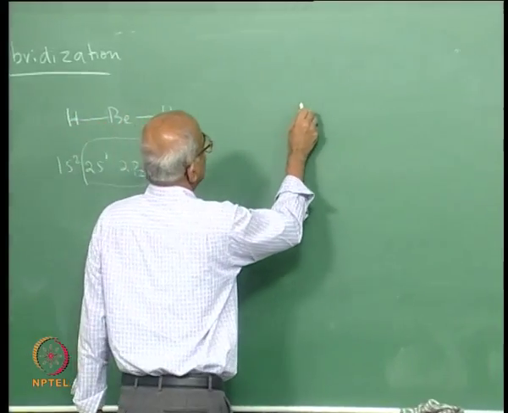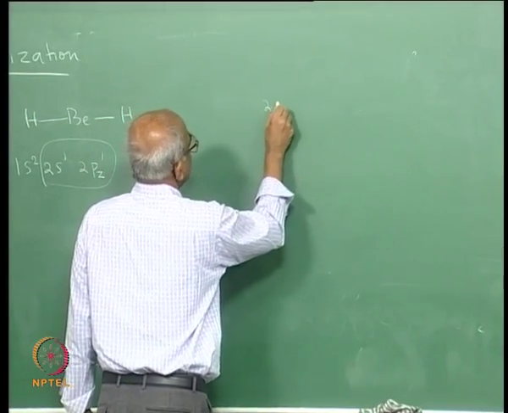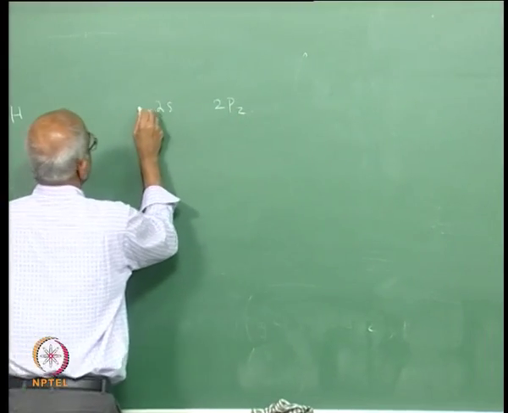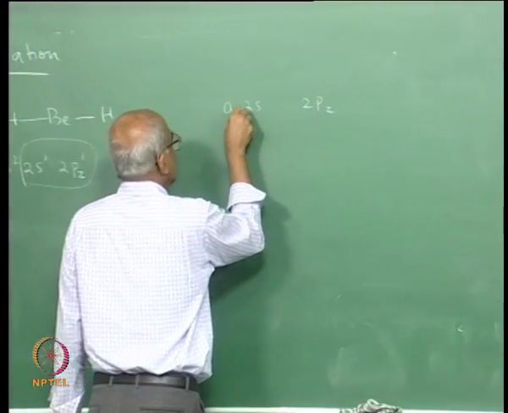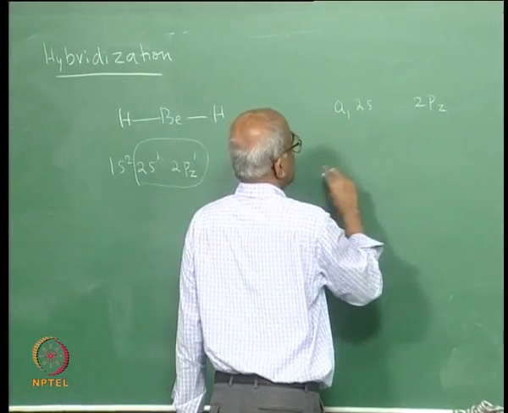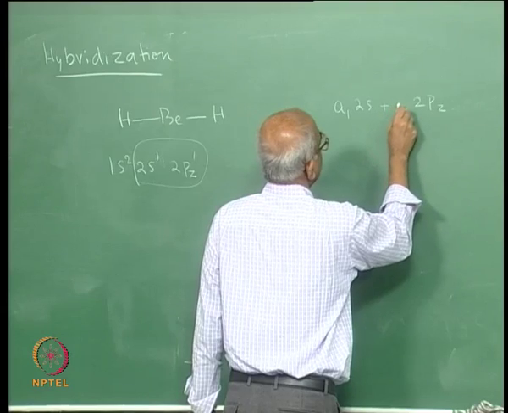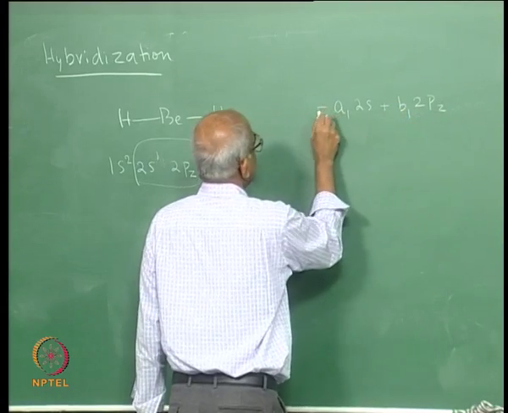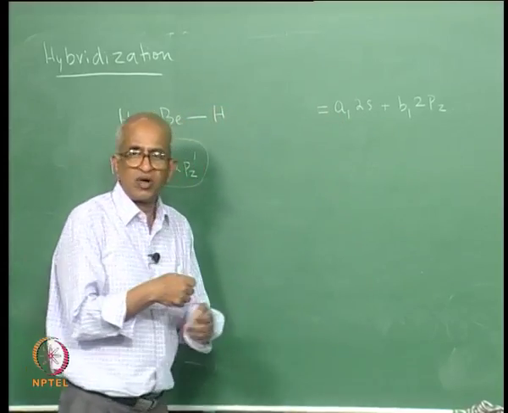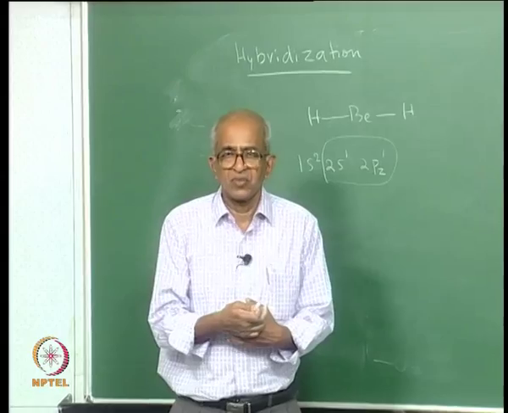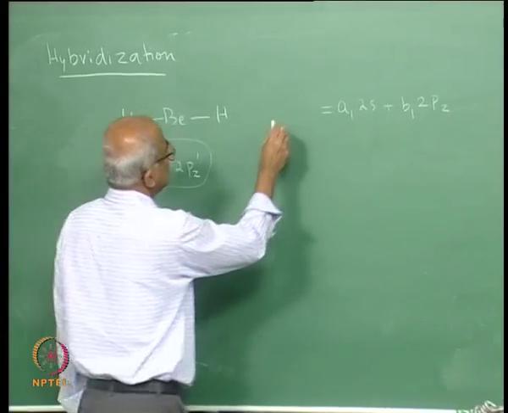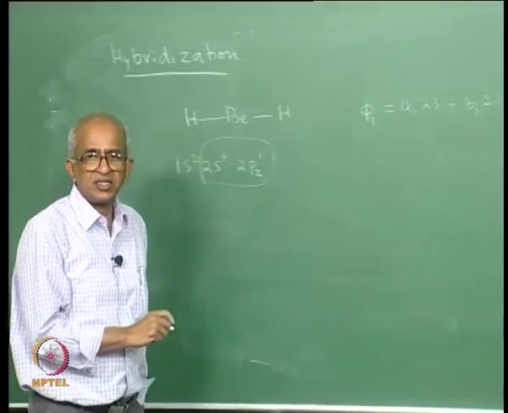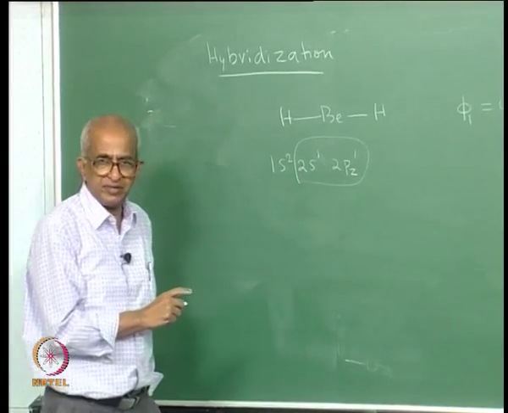Well, what would happen is that you have 2s and 2pz. Imagine you have some coefficient A1 with which you multiply 2s and some other coefficient B1 with which you multiply 2pz and add the two together. This is how I will mix the two orbitals, and the result I will say is a hybridized orbital, which I will denote by the symbol phi 1.